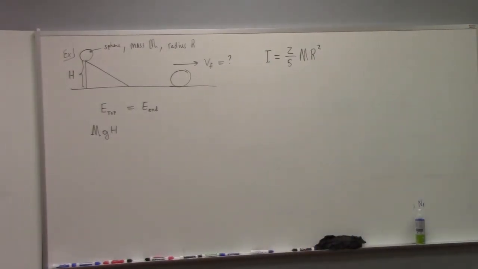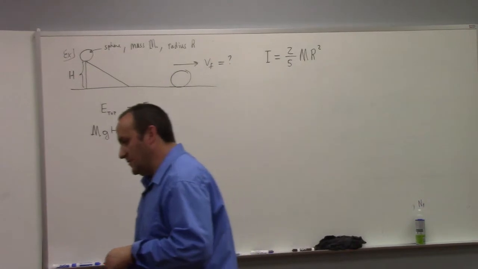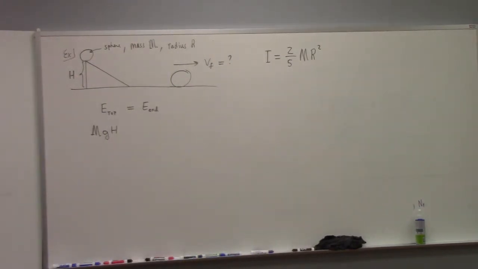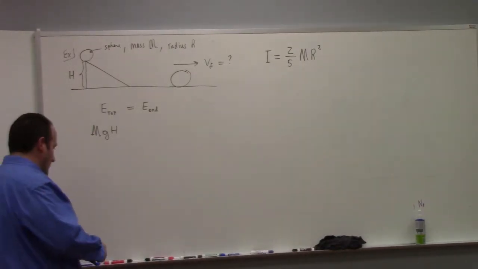It comes in translational kinetic energy, but it also comes in rotational kinetic energy. So to describe the energy in this marker when I throw it, part of it's the translational kinetic energy, but there's also the rotational kinetic energy. And they're both conserved in the absence of torque or an external force.